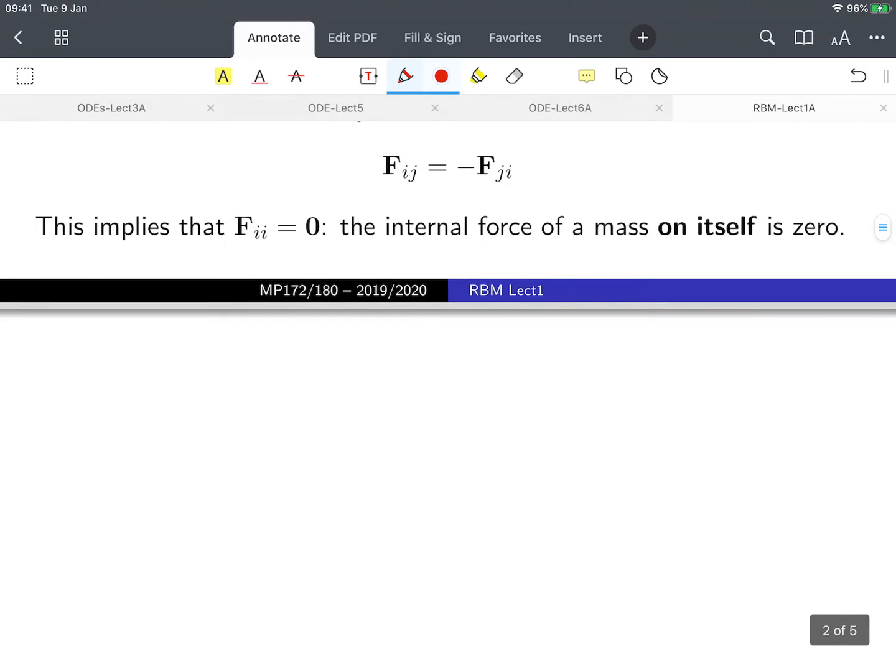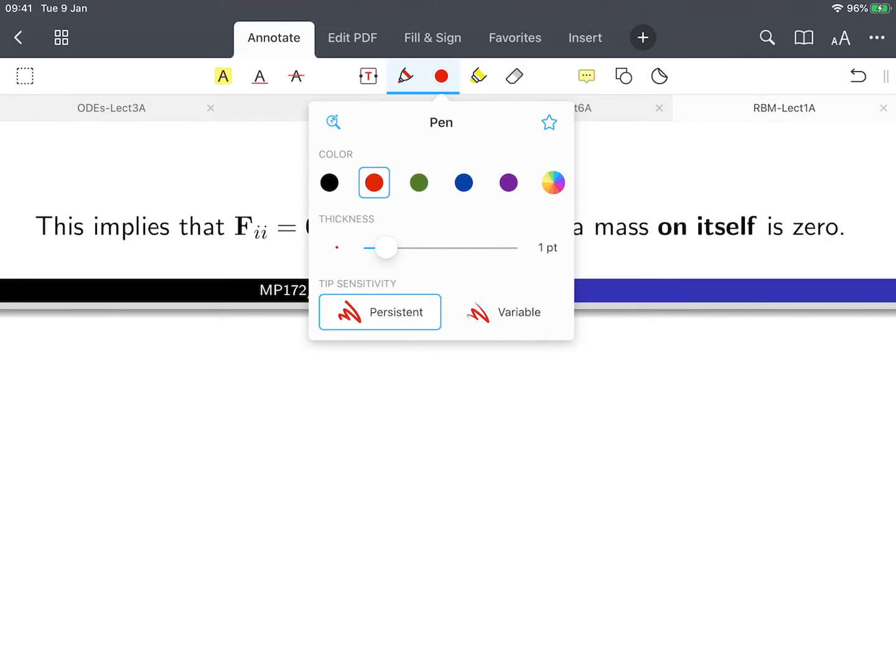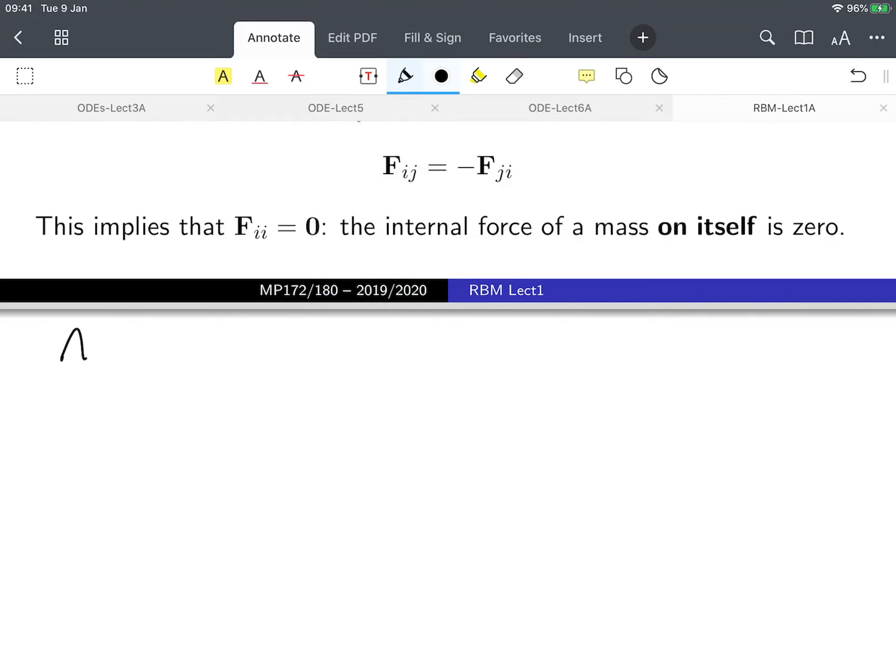Okay, so let's try to see where that leads us in terms of the motion. Newton's law.